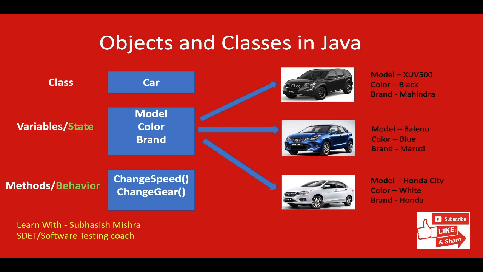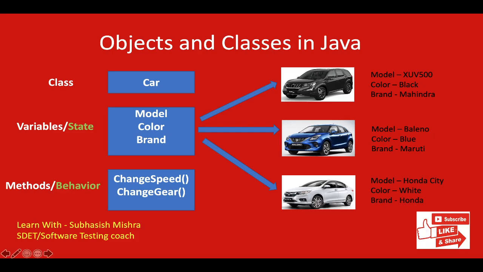Here you can see we have a class car and we have different variables or states of the class car, that is model, color and brand, and we have different methods or behaviors, that is change speed or change gear.